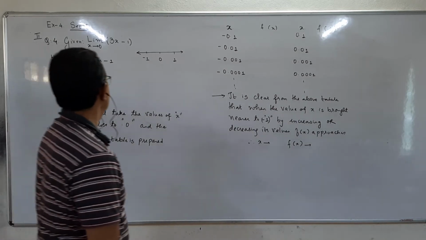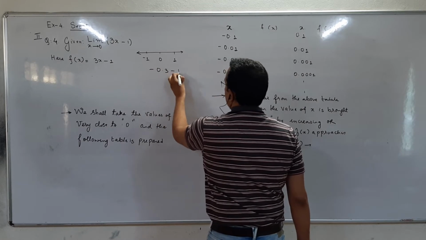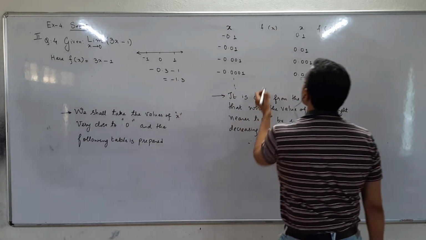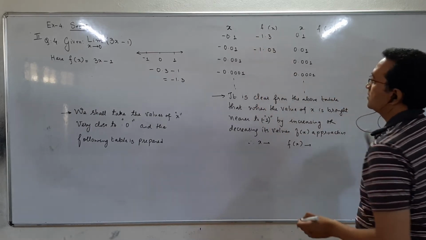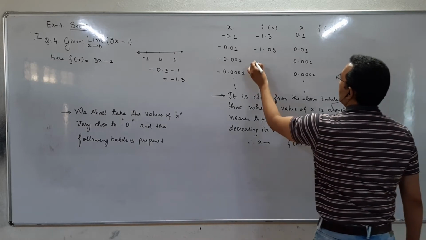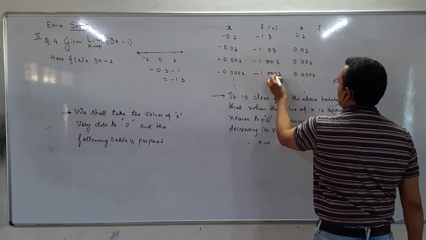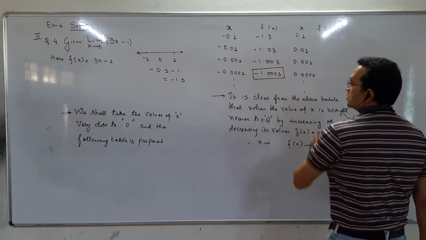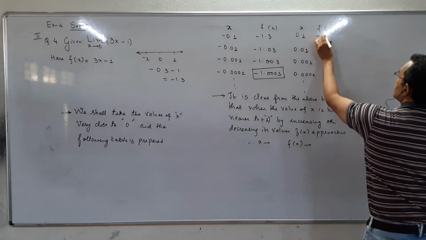Now, students, let us check the corresponding values of f of x. When it is minus 0.1, then it is minus 0.3 minus 1, so minus 1.3. Then this will be minus 1.03. This will be minus 1.003. This will be minus 1.0003. So this is approaching minus 1. When I take plus 0.1, this is 0.3 minus 1, which will be minus 0.7.